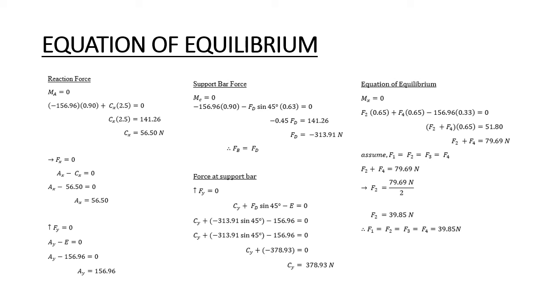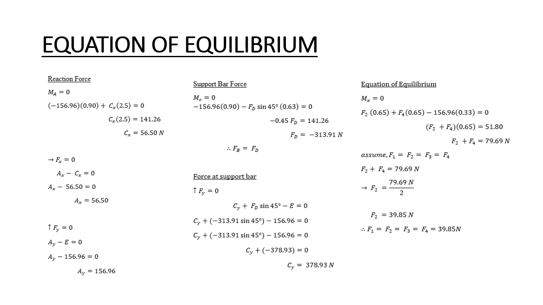Assume that F1 equal to F2 equal to F3 equal to F4. F2 and F4 we have already got, which is F2 plus F4 equal to 79.69.